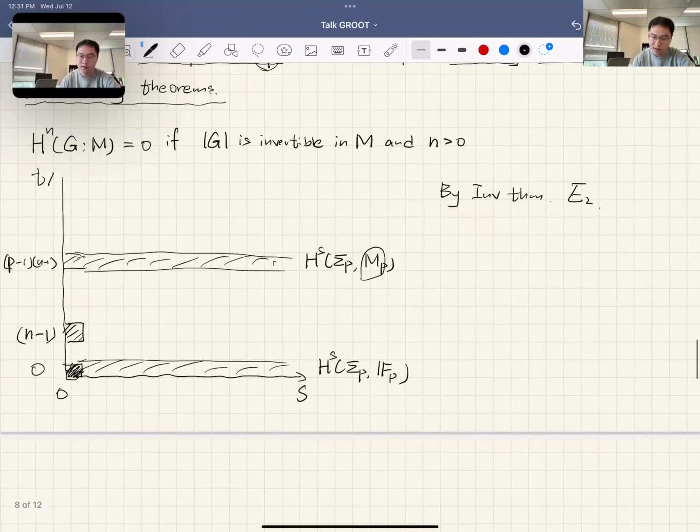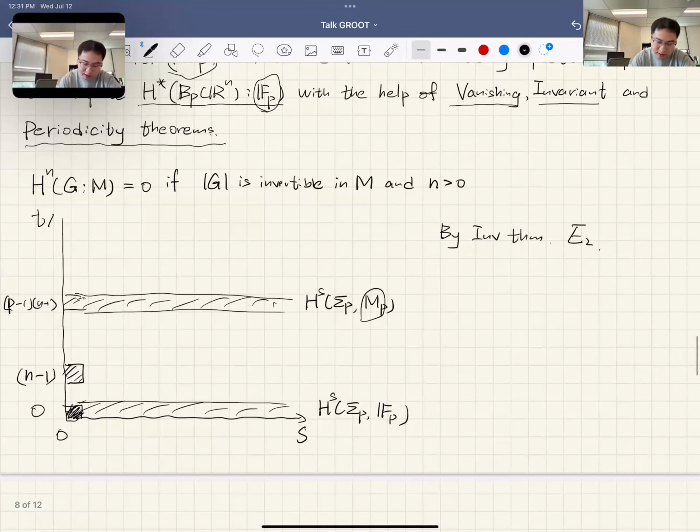Okay. And lastly, I have the porosity theorem. So what is the porosity theorem?